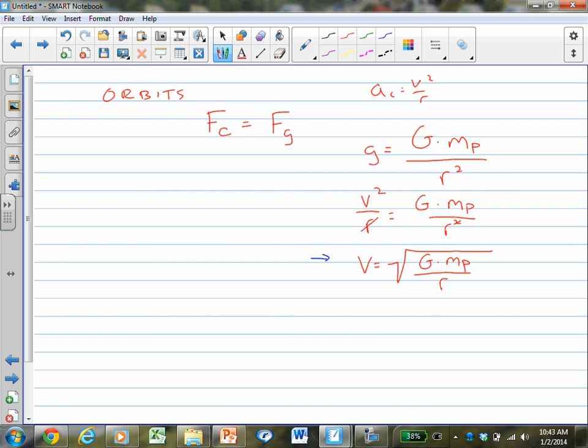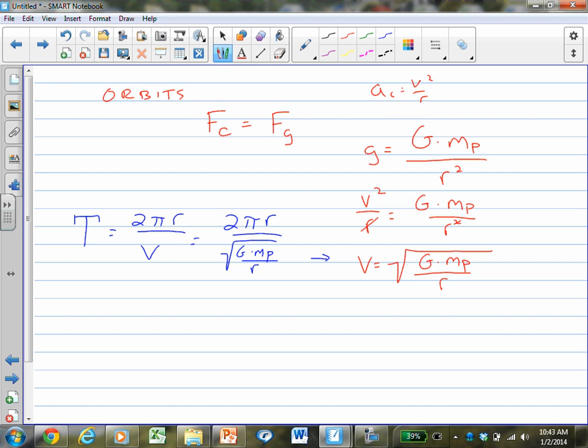So in that case, you remember the period is 2 pi r, the circumference of the circle, over v. And from our v right here, we could plug that in: the square root of G Mp over r.